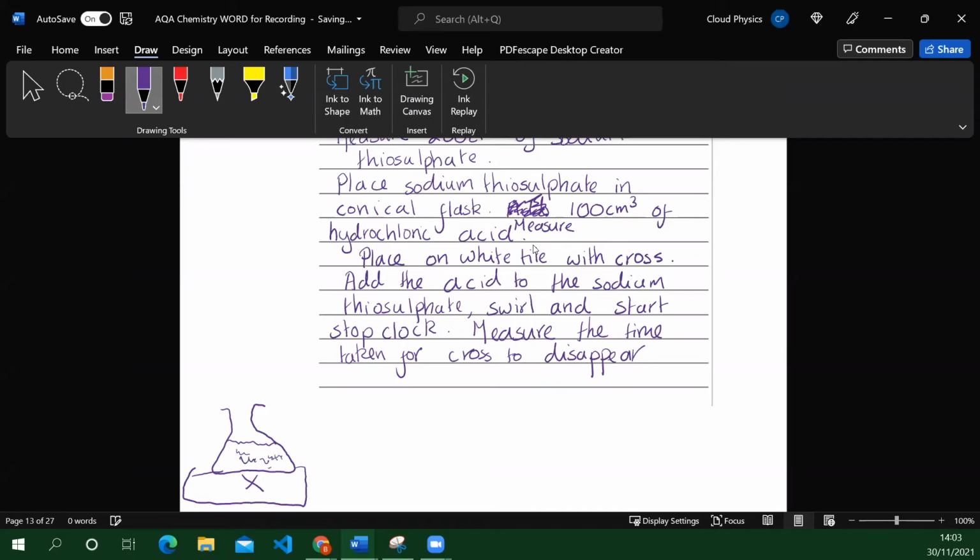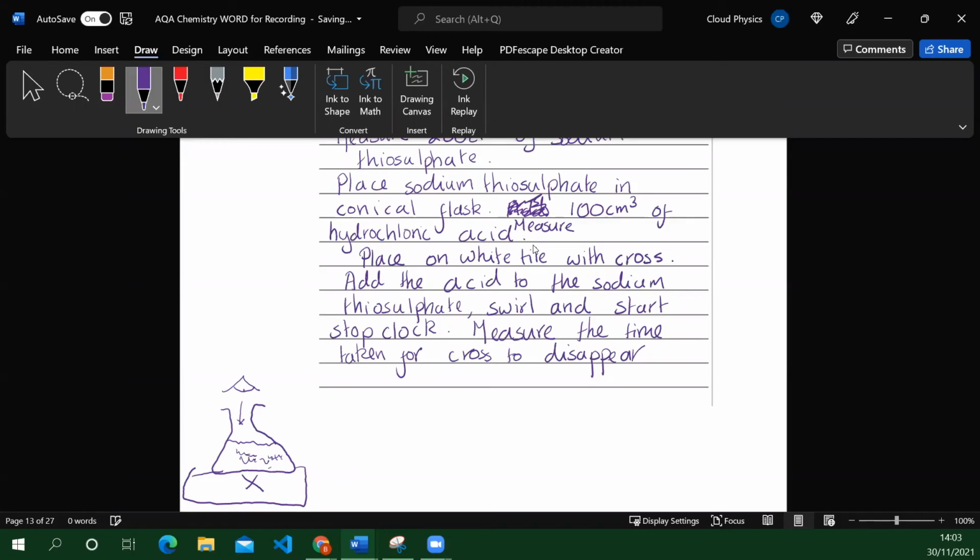The thiosulfate on its own is colourless, so you can see through it. But when the sulfur starts to precipitate, then you won't be able to see that cross anymore. You'll be looking down, the eye looking down. So you can always draw a diagram. That's what I've just done to help you. Because if you think you remember it, you see in your head what you did.